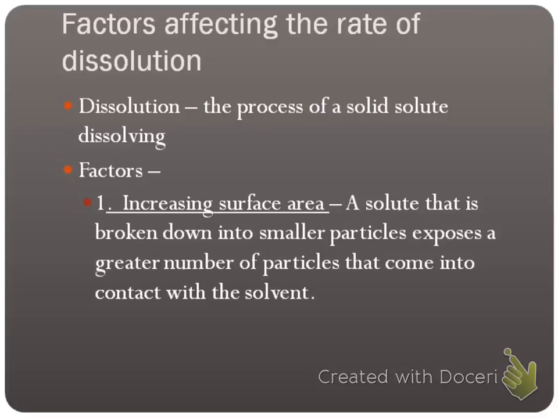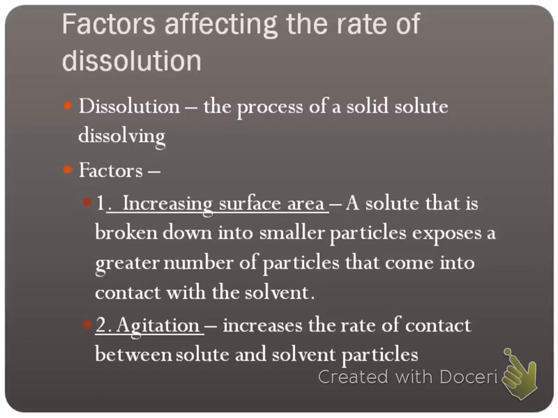Okay? If we have larger particles, they don't go as fast. So anytime we increase the surface area, what that does is break it down into smaller particles and expose a greater number of those particles to contact. The more contact we have between particles and the solvent, the quicker the solid breaks down. Okay?